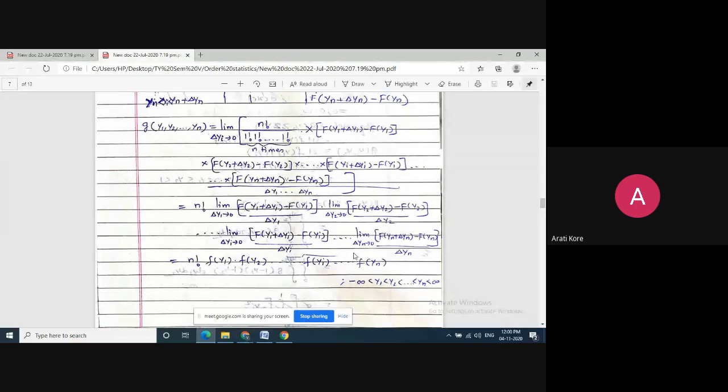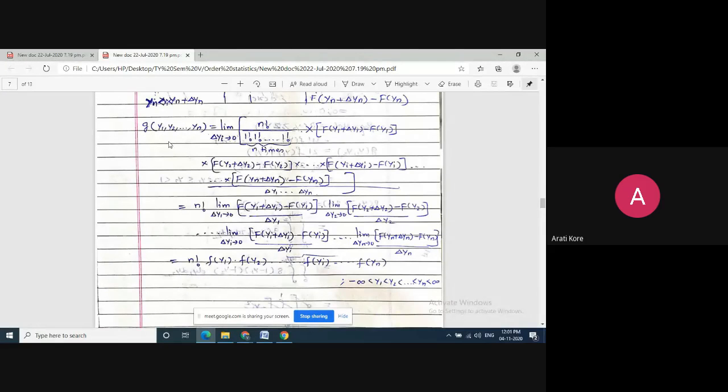Last will be limit delta yn tends to 0, F of yn plus delta yn minus F of yn divided by delta yn. Right? Now what is this first? F of x plus h minus F of x upon h, limit h tends to 0. It is nothing but small f of x. Same case here. So for the first limit quantity, I will write small f of y1. Second, small f of y2. So on. Last will be small f of yn. And this n factorial as it is.